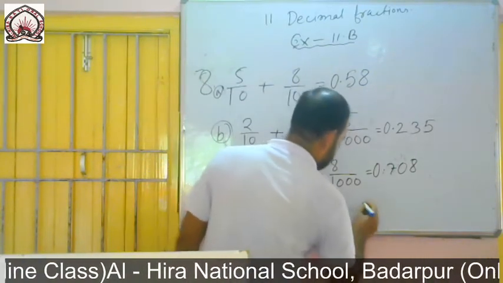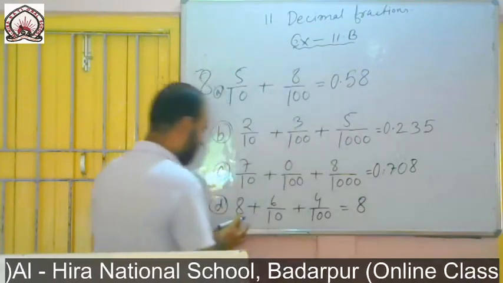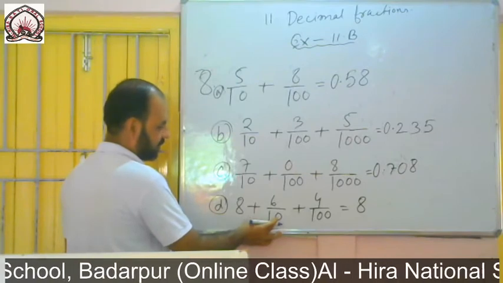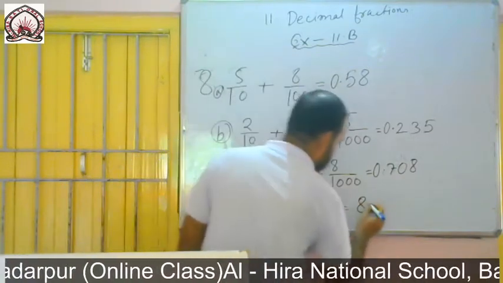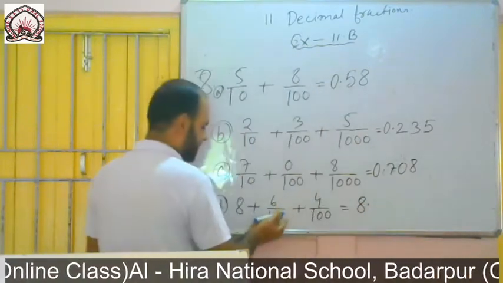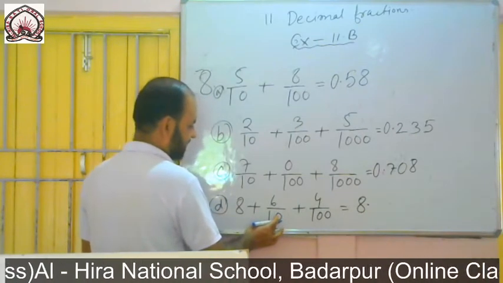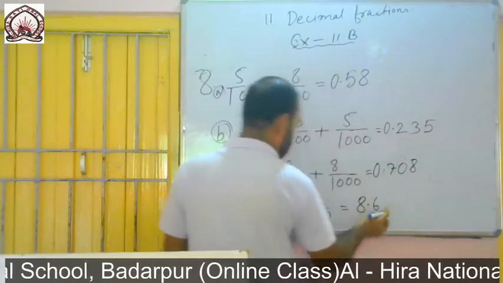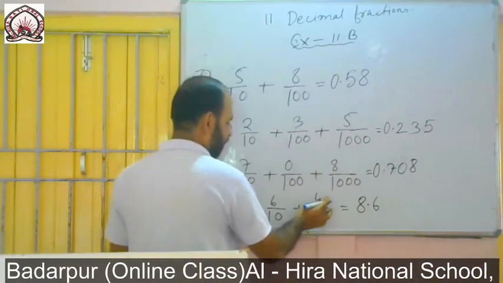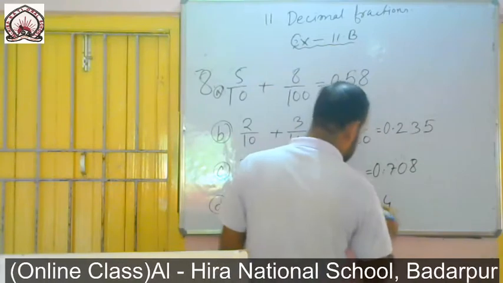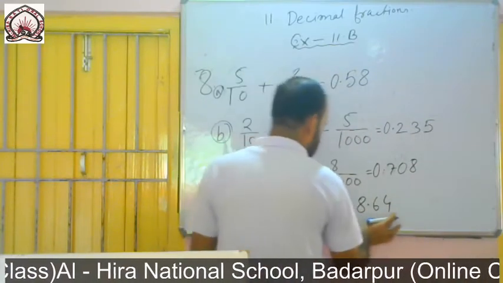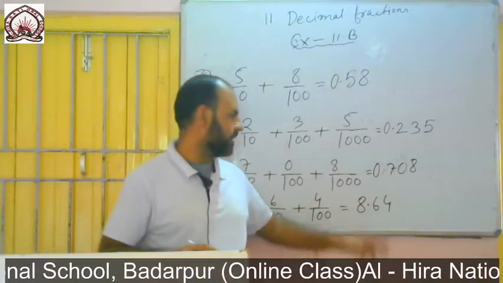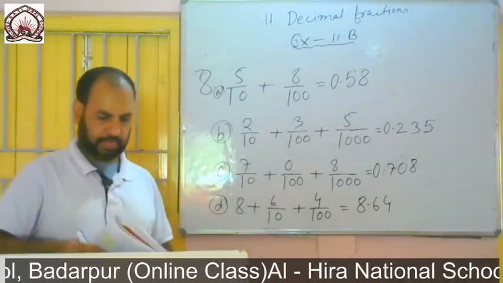So we write this 8 first. Then 6 by 10, tenths, is a fractional part and a decimal also, that's why we put the point. And 6 is in the tenths place, right after the point. Then 4 is in the hundredths place. So the short form is 8.64.